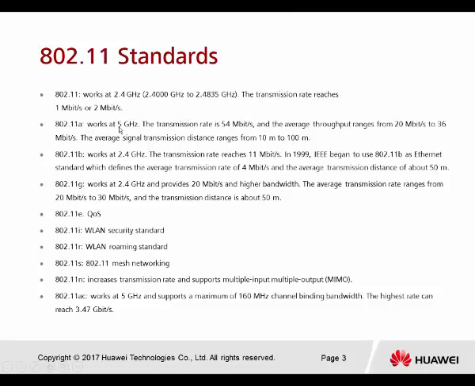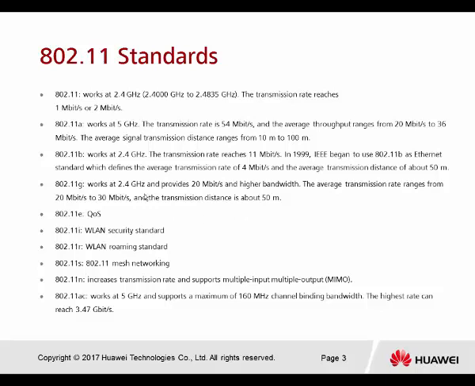The transmission rate can reach 54 megabit per second. So the average throughput ranges from 20 megabit per second to 36. The distance can only cover from 10 meter to 100 meter. Because all those standards belong to the WLAN, the maximum range can only go up to 100 meter.